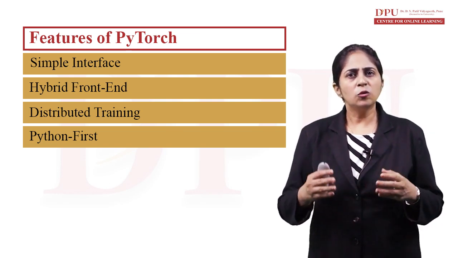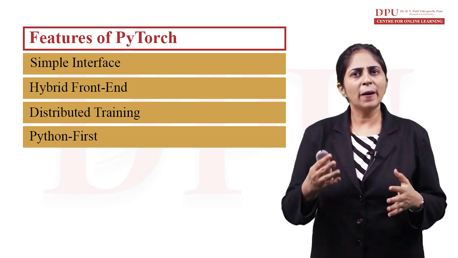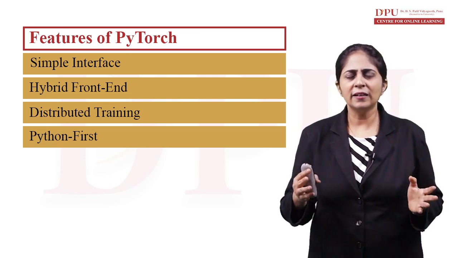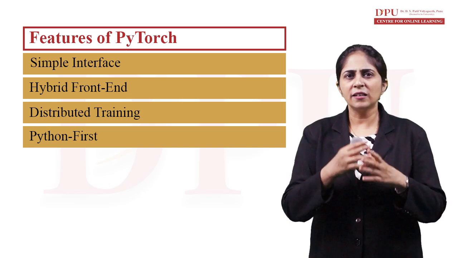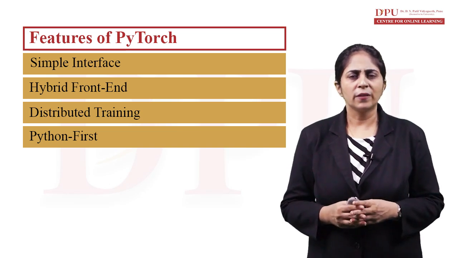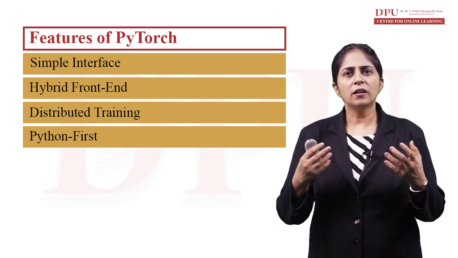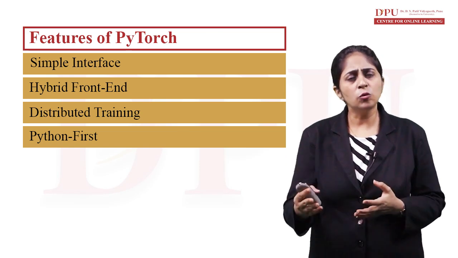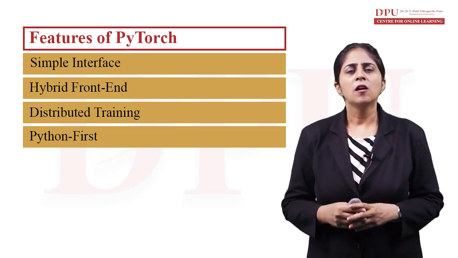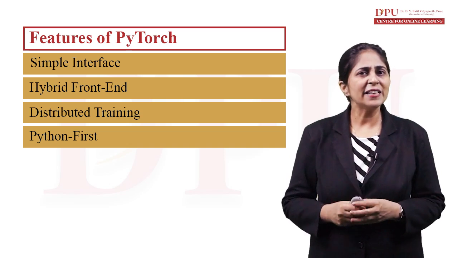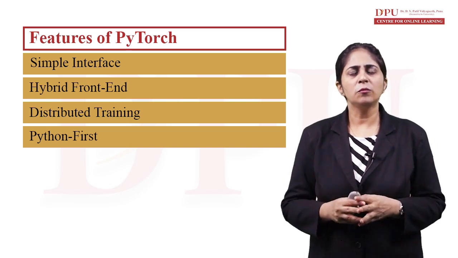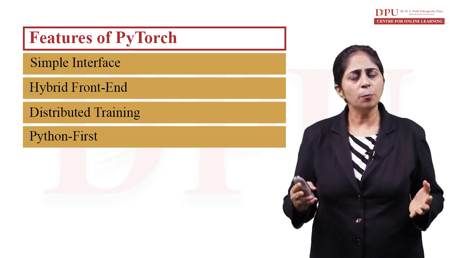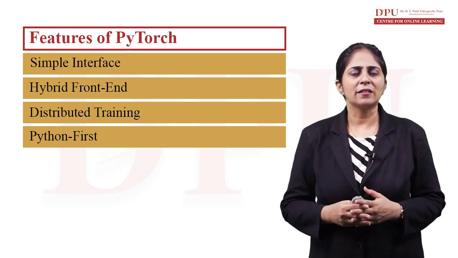Pythonic means using widely adopted Python idioms rather than writing Java and C++ style code. We can so easily use the Python features. That is why we say this is another reason for using PyTorch.